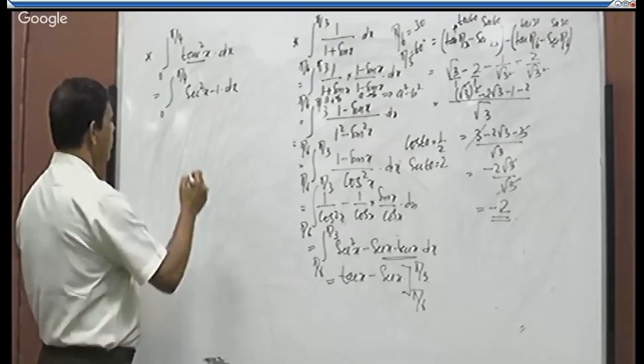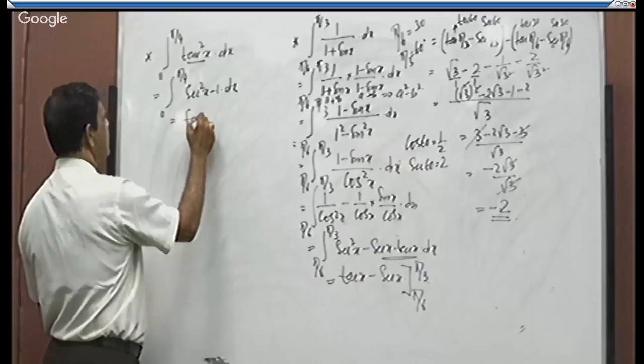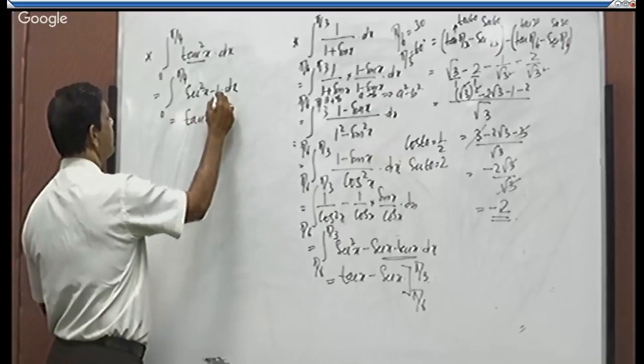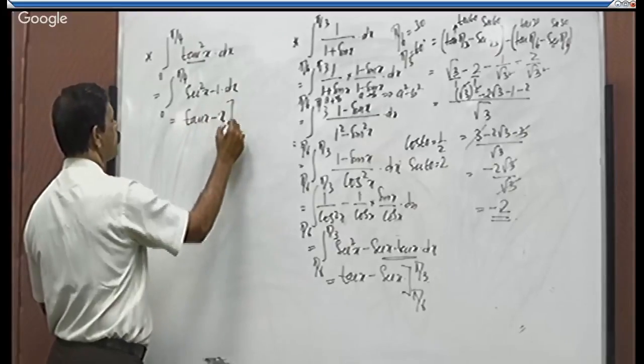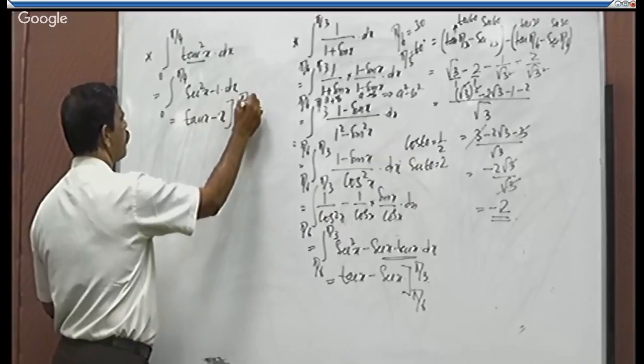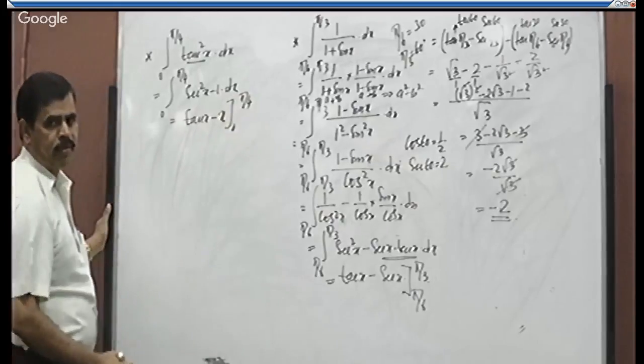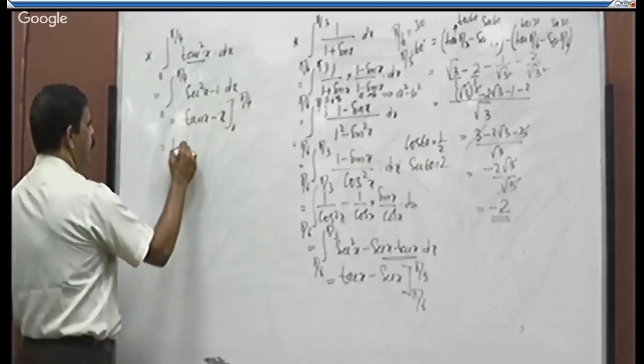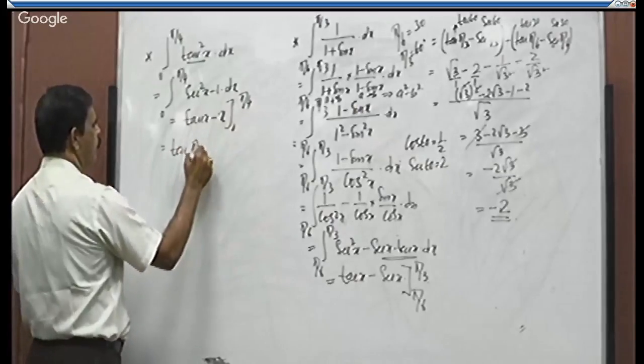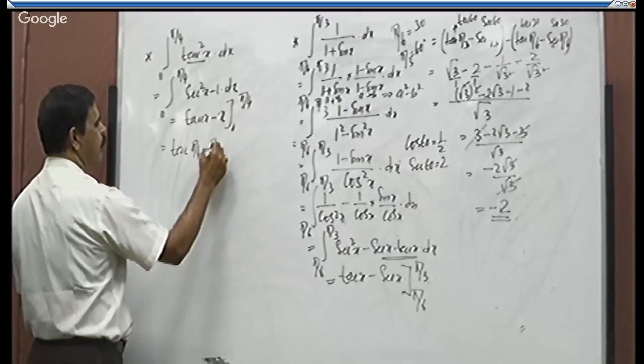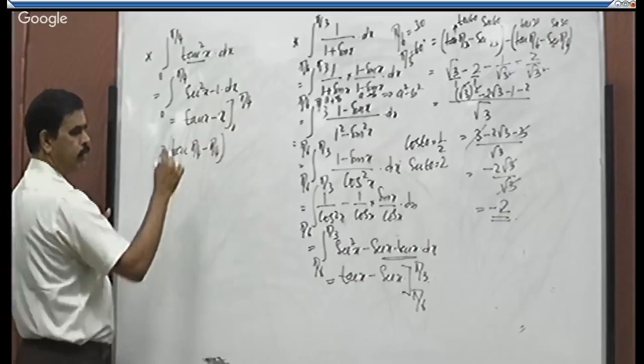Correct? What is the integration of secant square? It is tan x. Minus, what is the integration of 1? It is x. Apply the limit 0 to pi by 4. Right? Tan of pi by 4 minus pi by 4 is the upper limit, I have taken in a bracket.